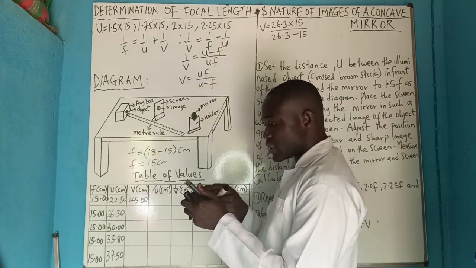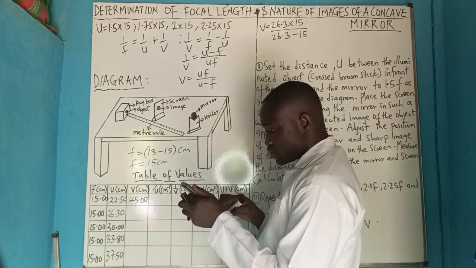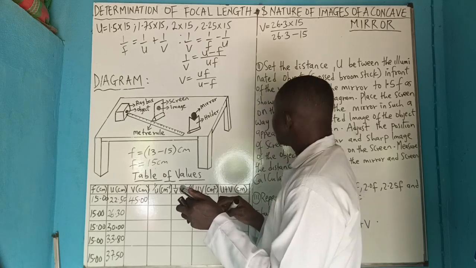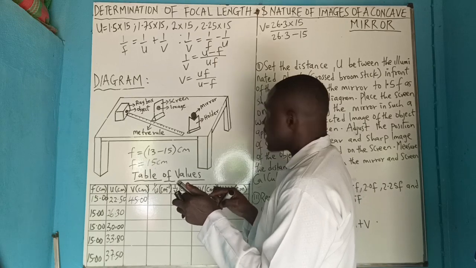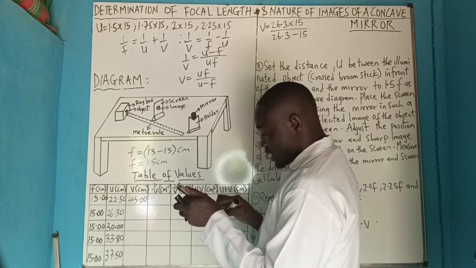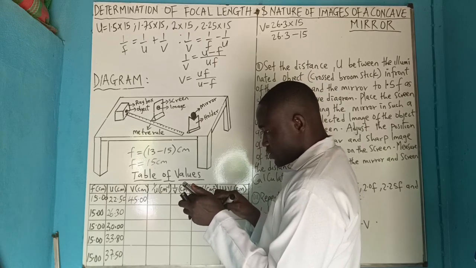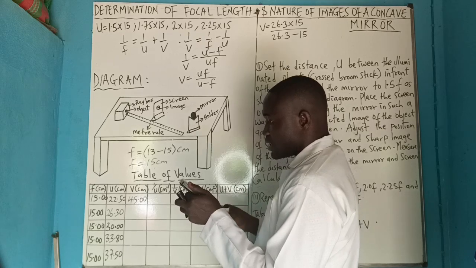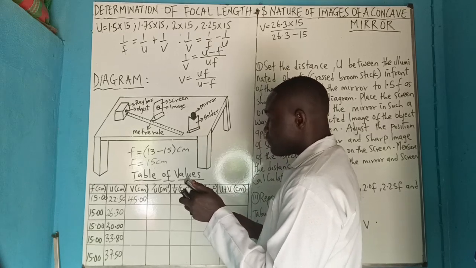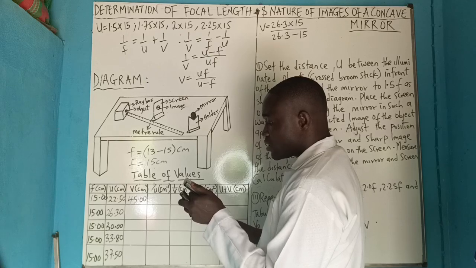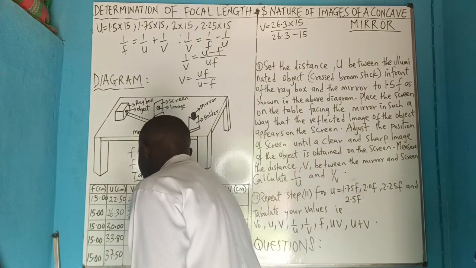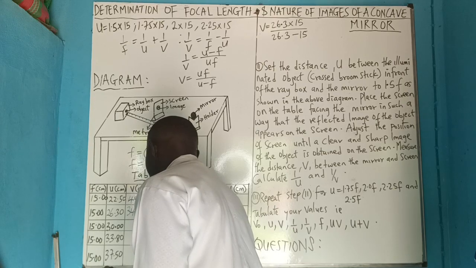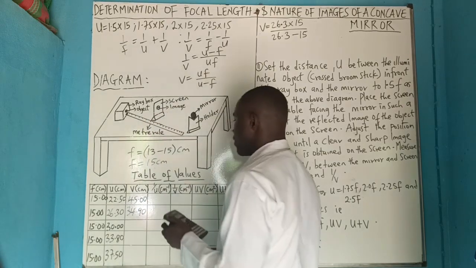We use our calculator again. 26.3 times 15 divided by bracket 26.3 minus 15. That is 35 approximately. Okay, 34.90.